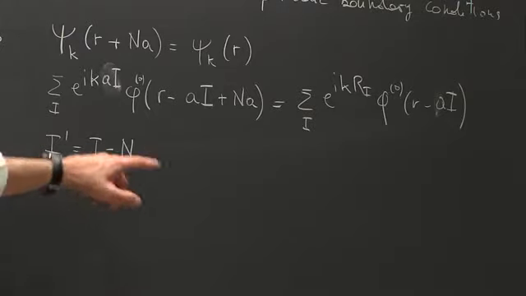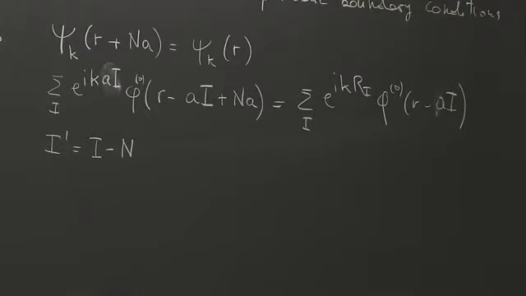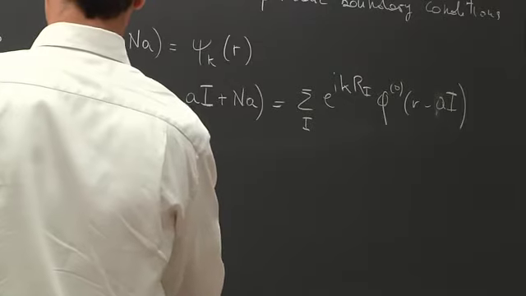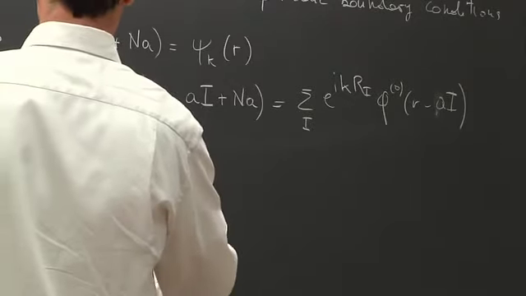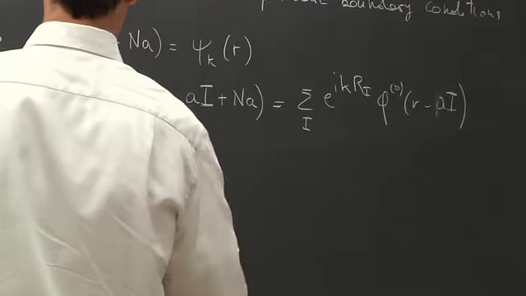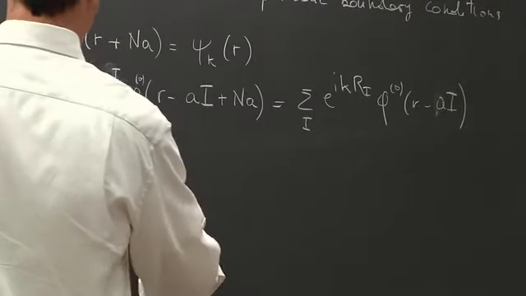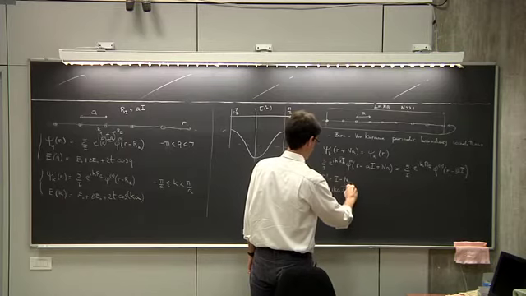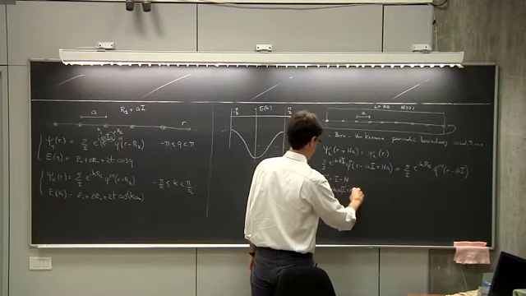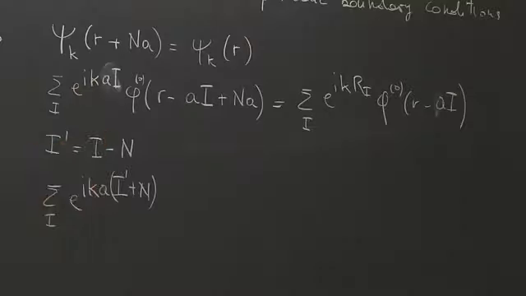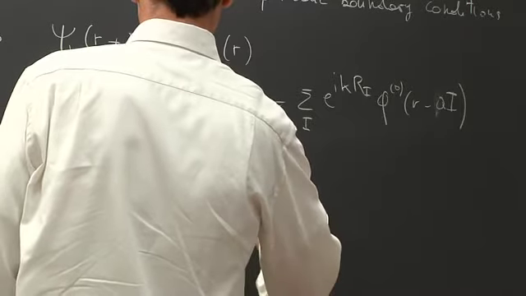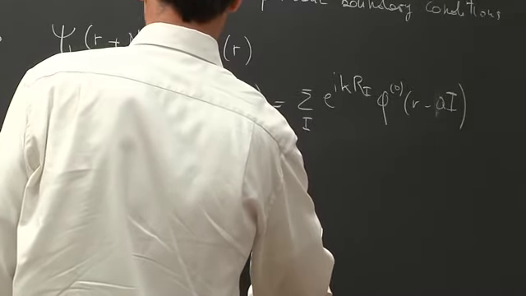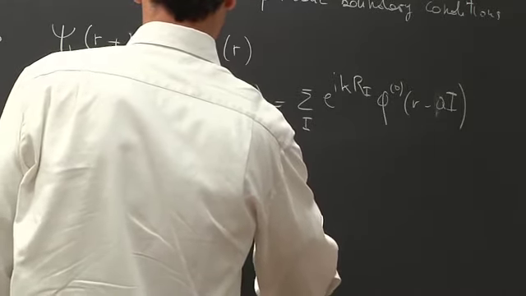Let me define i prime equals i minus N. Sum over i of e to the i k a_(i prime plus N), right? i is equal to i prime plus N, phi_0 of r minus a_(i prime).